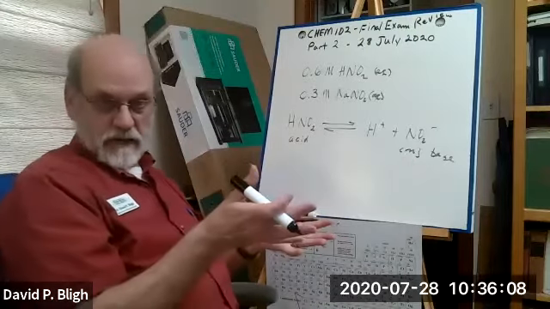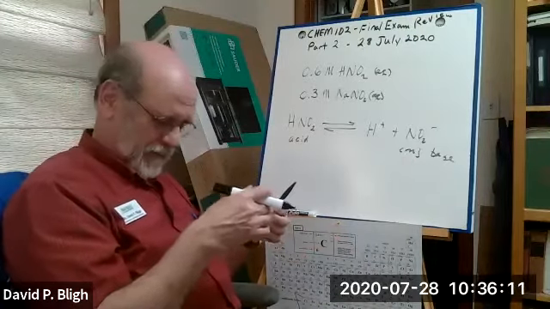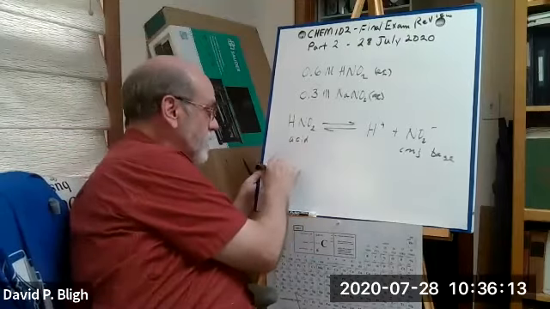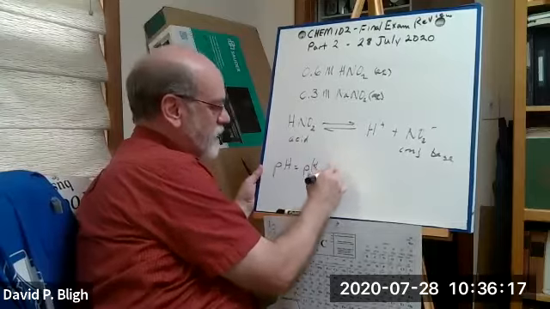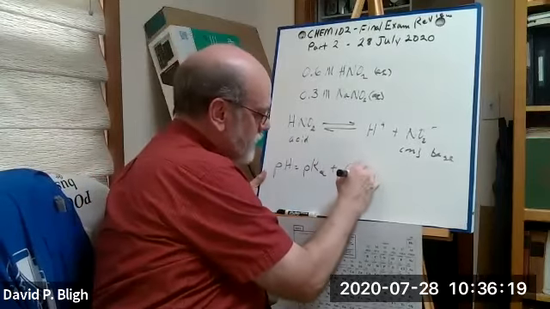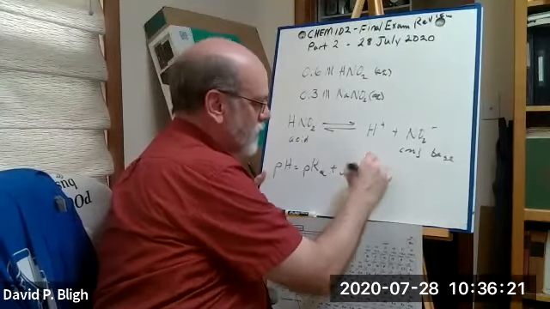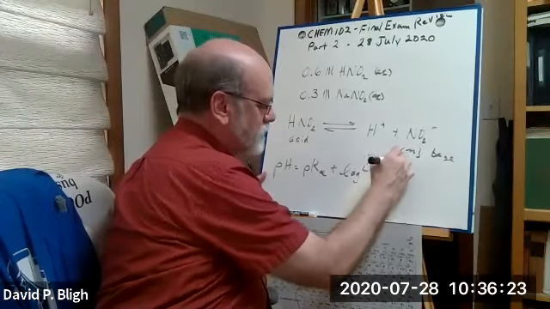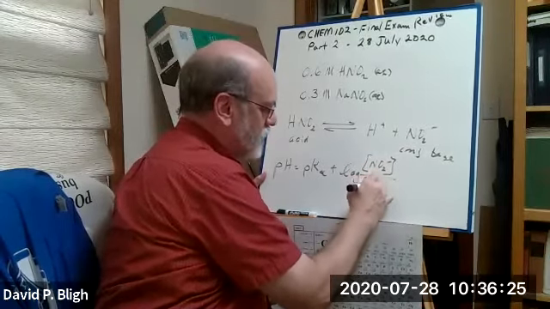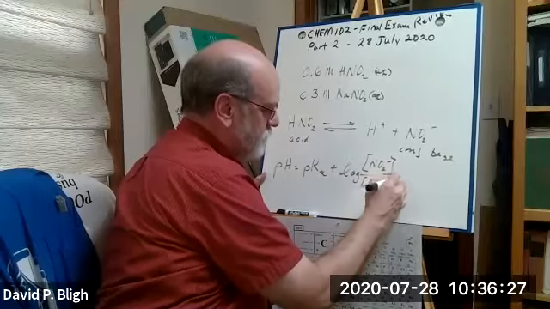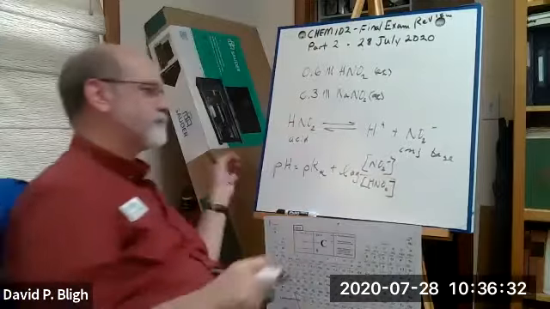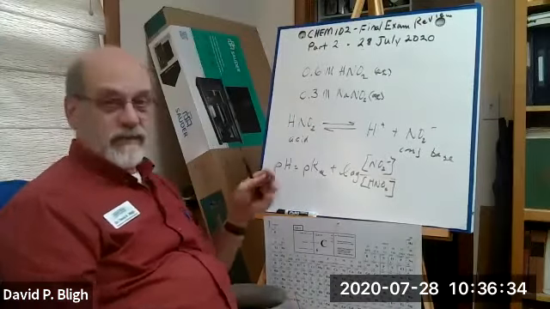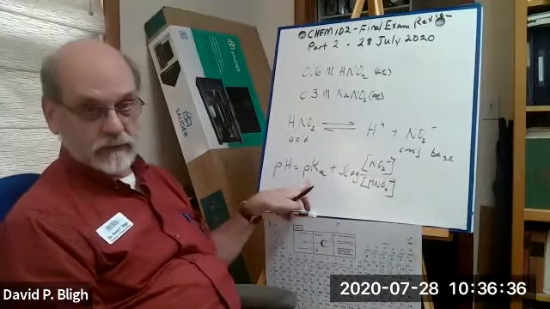Because the Henderson-Hasselbalch equation says the pH is equal to the pKa plus the common log of the concentration of nitrite divided by the concentration of the acid. And the buffer zone is where this one equals that one.